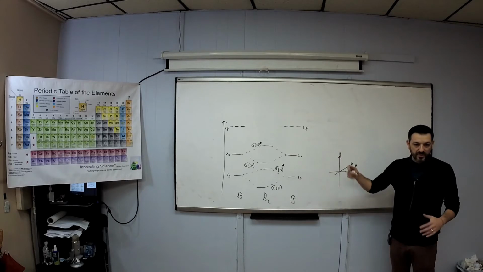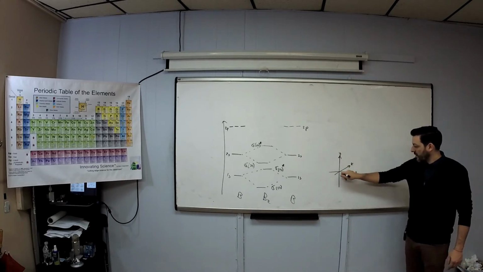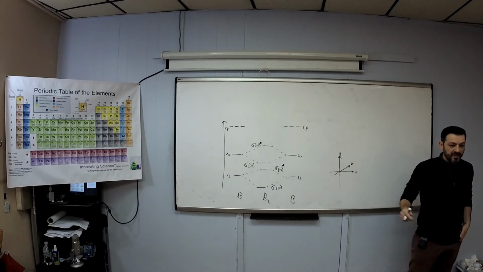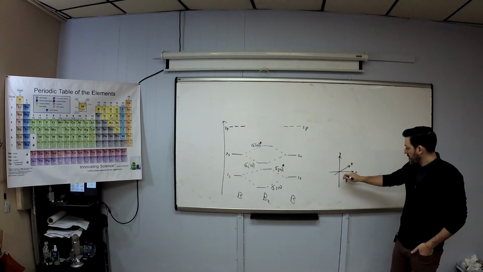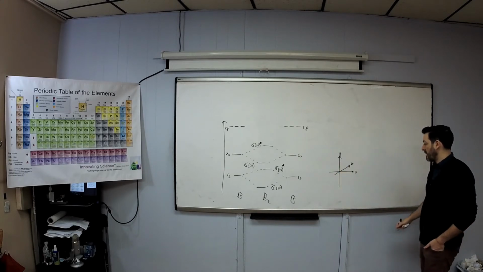I could have y into the board, z this way, whatever. But the point is, do you remember the p orbitals are called px, py, and pz because the two lobes lie directly on the x, the y, and the z axes? So this boron has a px, a py, and a pz.